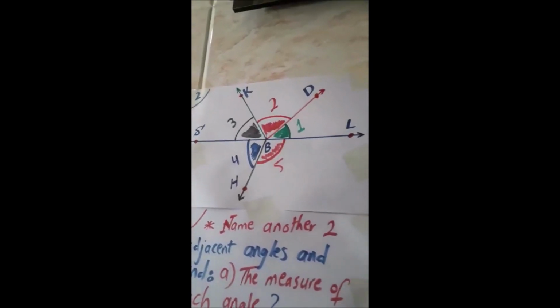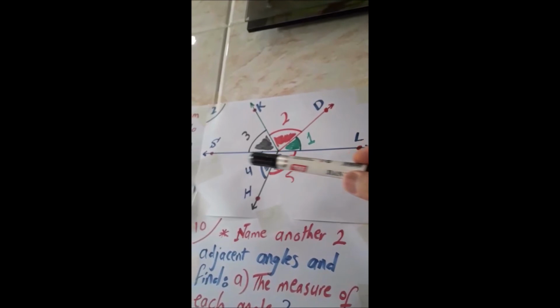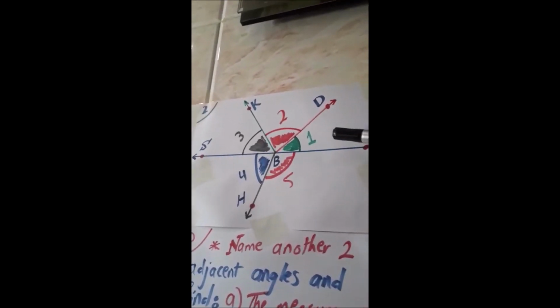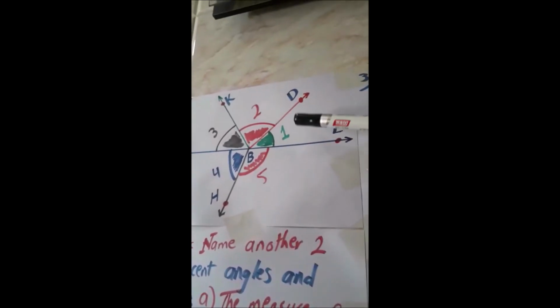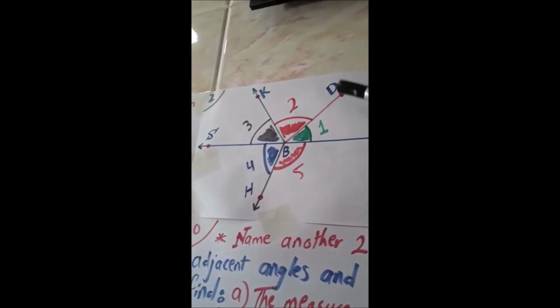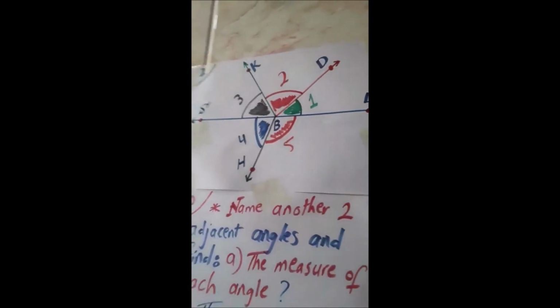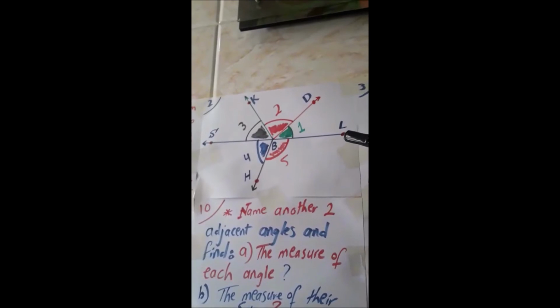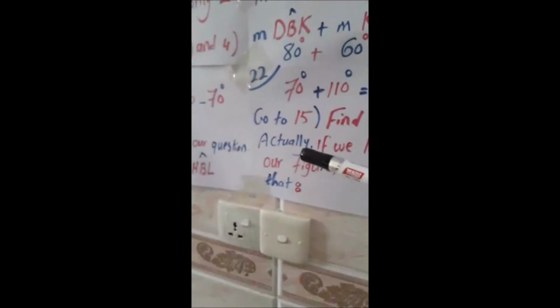Excellent. LBS is a straight angle, and its measure is the sum of these three angles. So angle LBD plus DBK plus KBS gives me 180, because the angle LBS, or SBL, is 180.